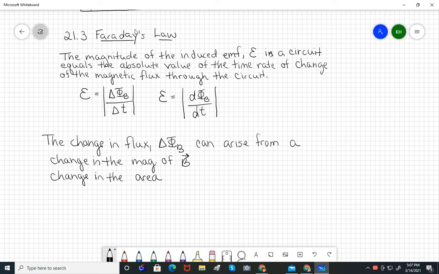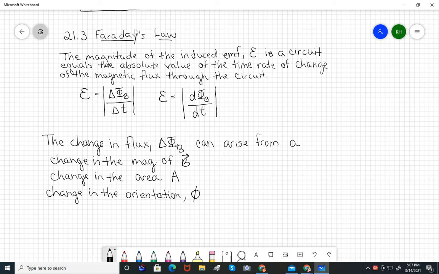If you change the size of that loop, and we'll look at that, it could be increasing or decreasing. Or you could also have a change in the orientation of that loop or that circuit, which of course is phi.